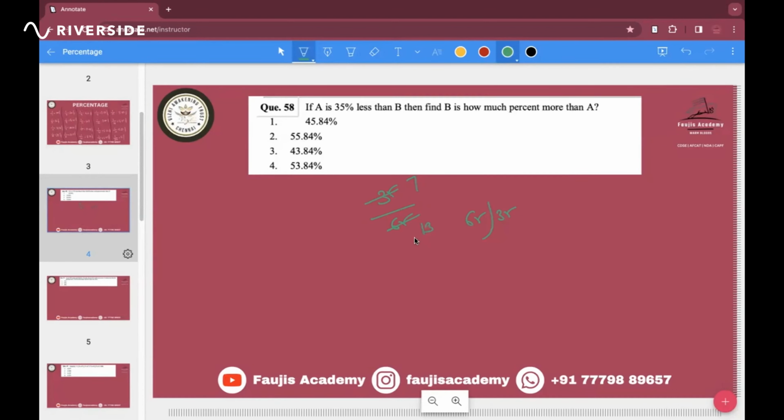The moment you do it that way, you learn 10%, 1%, 50%, 5%, 25%, and quickly do the calculation plus minus. You basically reduce multiplication and division into addition and subtraction.